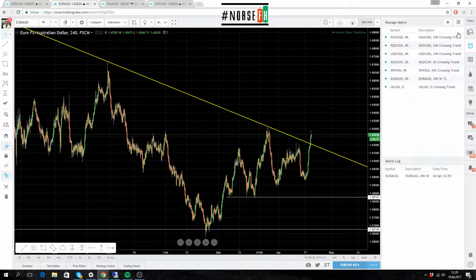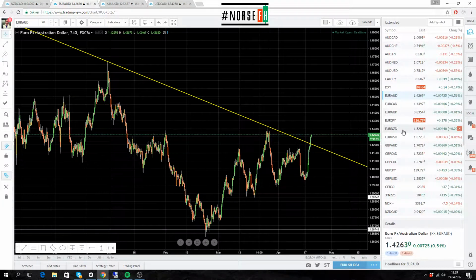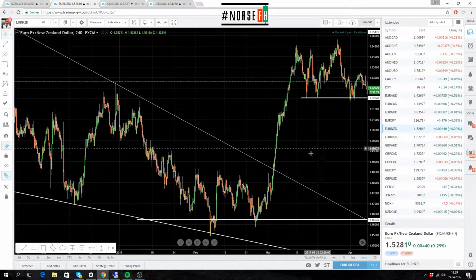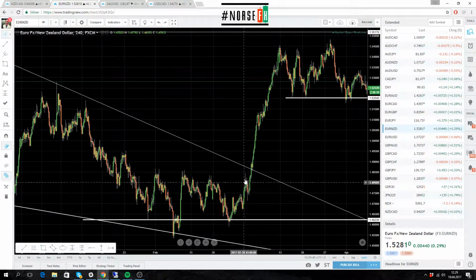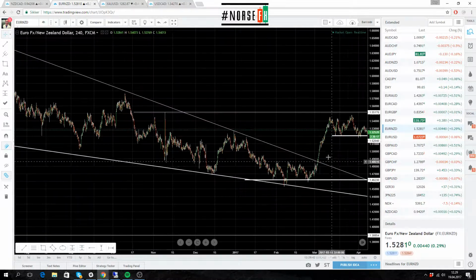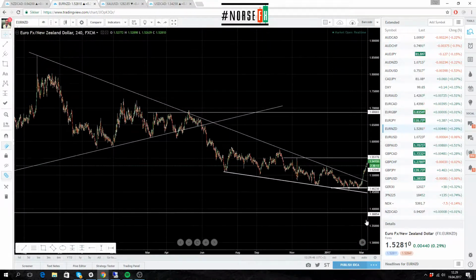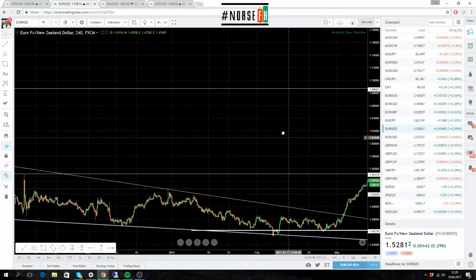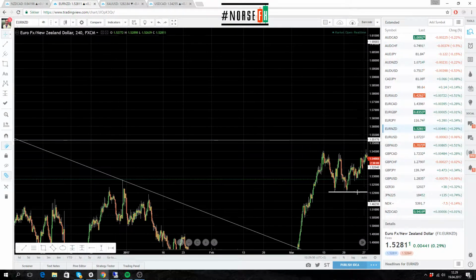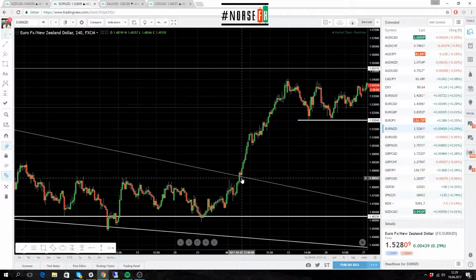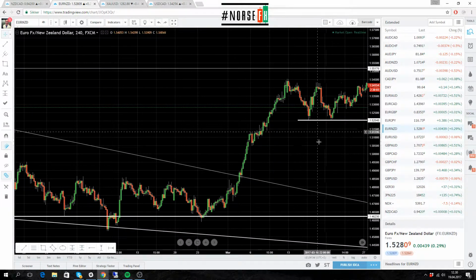We had a similar play on Euro NZD just a few weeks ago. This is what happened. We had a multi-week trend line right here, and when price broke, we had the retest right here, and we had a short squeeze going in.